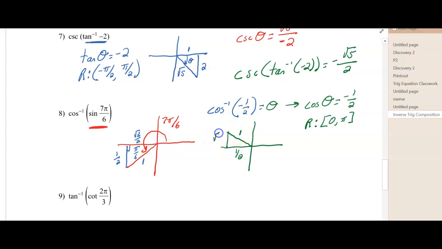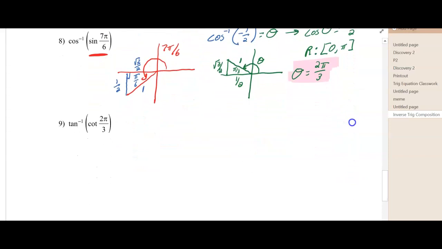So this is the diagram, and I know some of you do not need to draw that diagram. The reference angle there is pi over 3, so that angle is 2 pi over 3. So for problem number 8, the final answer is 2 pi over 3.